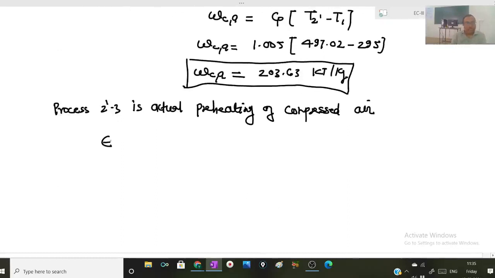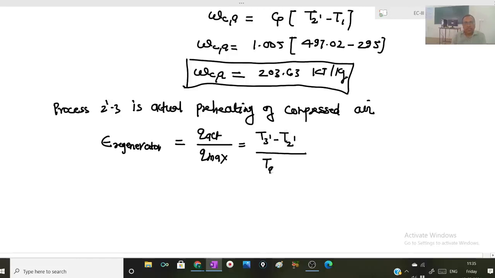So effectiveness of regenerator is equal to Q actual to the Q max. Q actual is nothing but T3 dash minus T2 dash, and what is Q max? T8 dash minus T2 dash, isn't it?